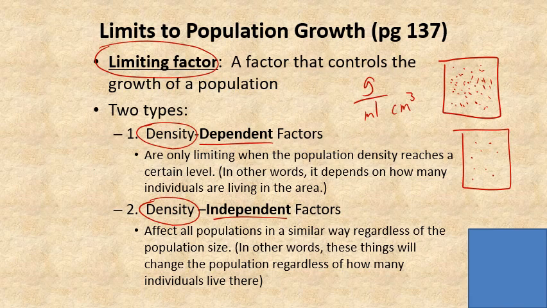If you depend upon density, you depend upon this situation to either become a factor or have a greater impact. These factors can also affect a low density population, but they're not as critical. Now, independent means that you don't care. Both of these populations can be affected equally.